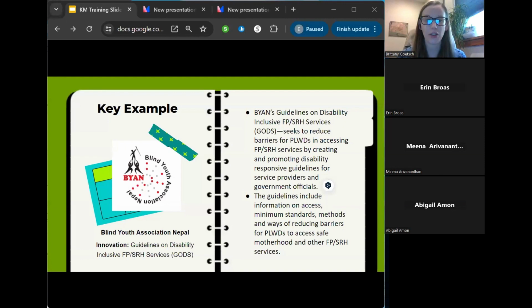So these are just 3 examples of what Erin was highlighting in terms of how knowledge management can really produce effective results when it comes to AYSRH programming, and really impact equity, impact partnerships, impact resource mobilization, impact access to services, access to information.